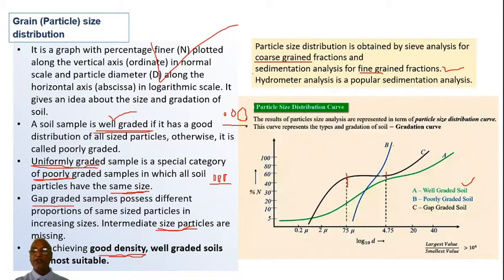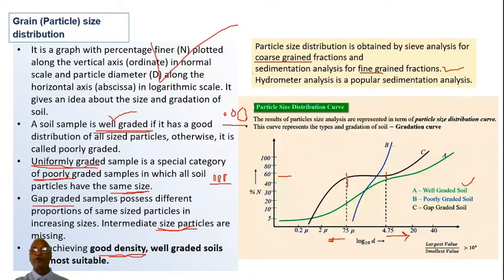There is a horizontal stretch of the curve from 75 microns to 4.75 mm, indicating that there is no percentage of the soil which is present in this size range. Means soil C has all the particles either less than 75 microns, or particles which are more than 4.75 mm, and no particle is having size from 75 microns to 4.75 mm.